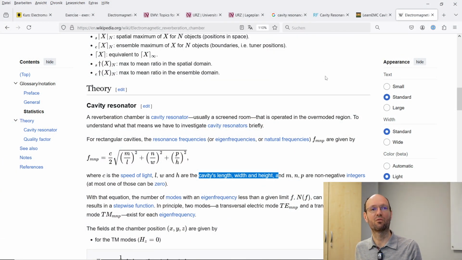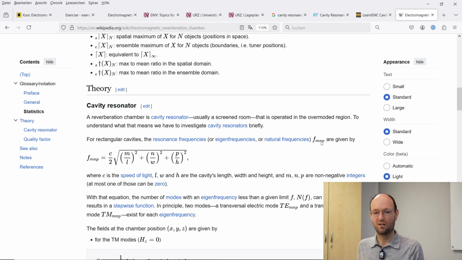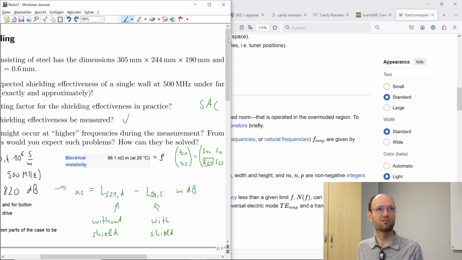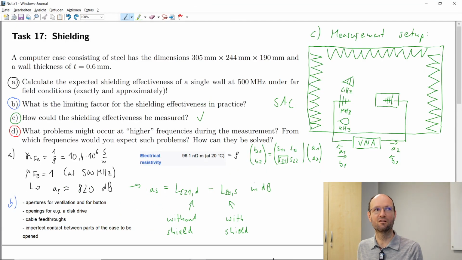Where was it now? I think I've closed the tab. Okay. So this, I think, is a quite good and nice solution and summary of this exercise task about shielding and the practical implications associated with it in the measurement and what happens in real life.